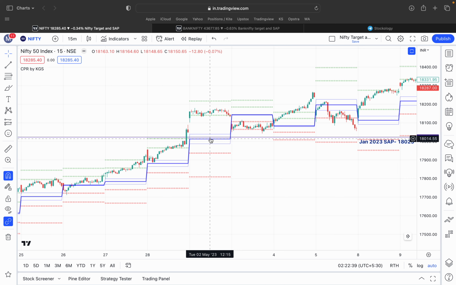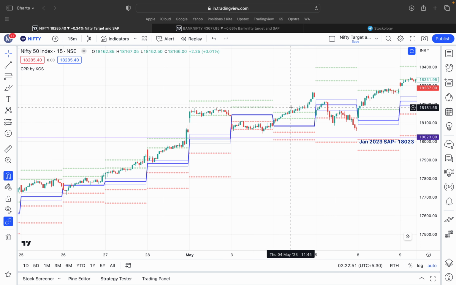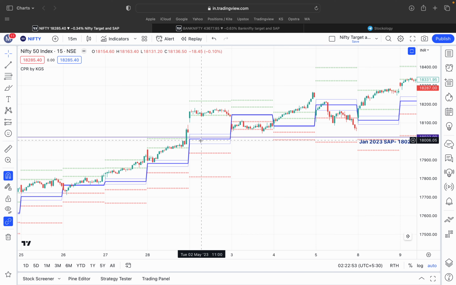This virgin CPR zone you can extend and it becomes the strong support zone. Whenever you see price near this zone, it acts as a support and price will bounce from this area. So this is the zone that you have to keep in mind, that this was the zone of virgin CPR. So this may act as a good support.